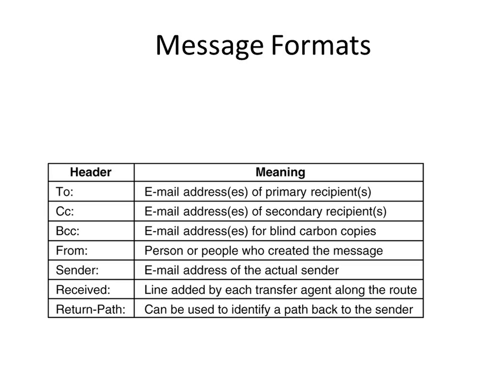Then the sender's email address, from whom the message is sent, is also added. So this is the generalized message format. Received and return path are also there, but most of the time we are familiar with these three. Whenever you are writing your email, you are familiar with the first three.